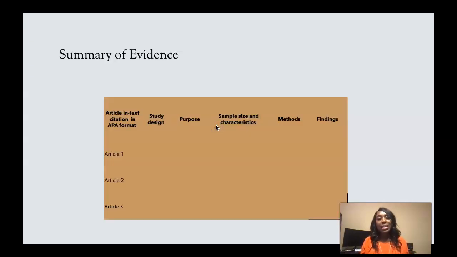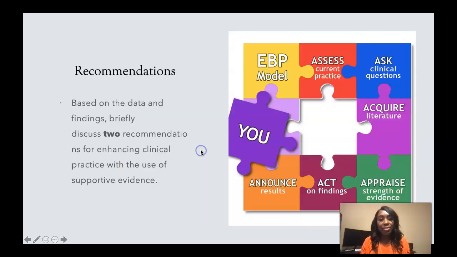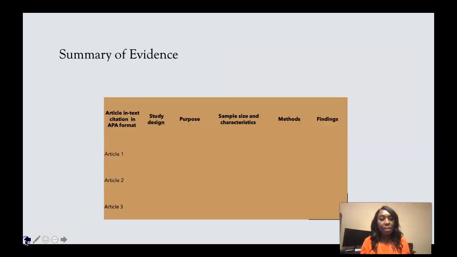The next slide is going to be the summary of the evidence, and you need to present it in a graph. Refer to the rubric so you can see how this graph can be broken down. So then you're going to have the information on here like this. And you're going to include all of the different categories listed here and discuss each of your articles, the study design, the purpose, the sample size, the methods, and the findings.